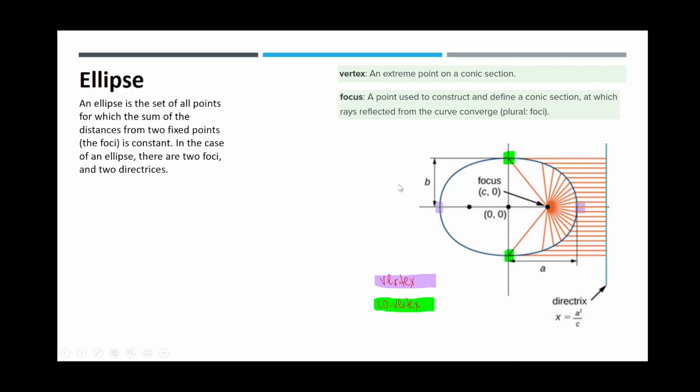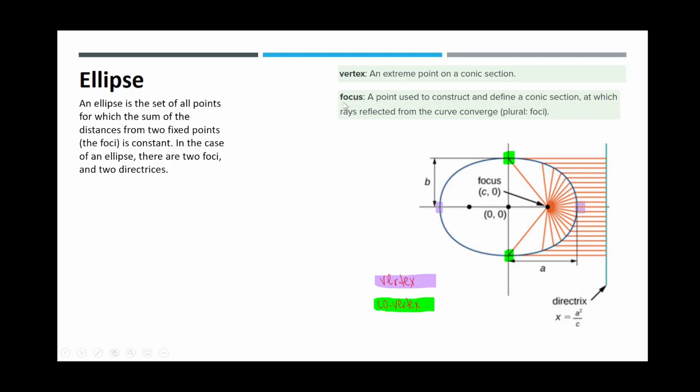A vertex is going to be called the extreme point on a conic section. So the oval or ellipse is the conic section, and the far points over here that are in purple are the vertices. Now we can also call these 2 points co-vertices. They're closer together, so we add the word co in front of that.